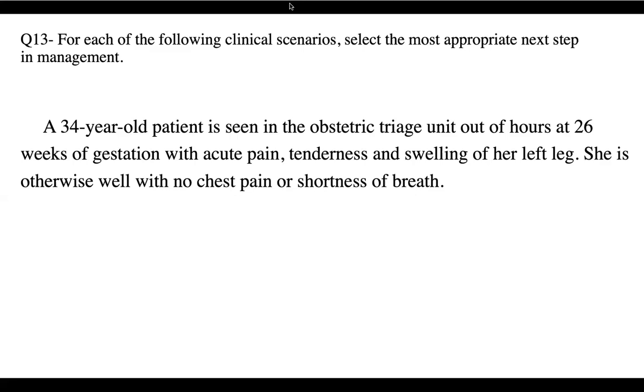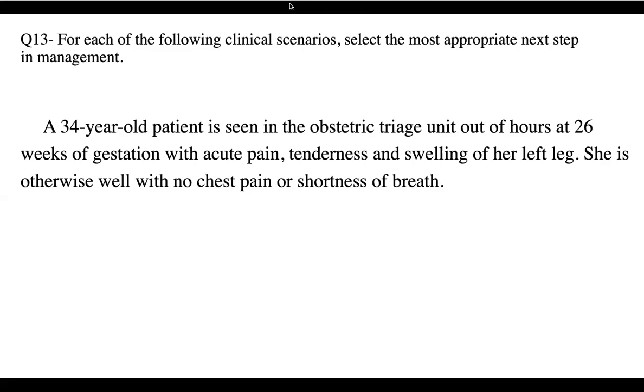Here in that scenario, we have changed the topic. When he asks you the next step, the answer usually will be the step before the recommended treatment.